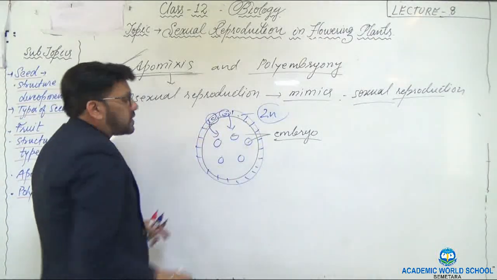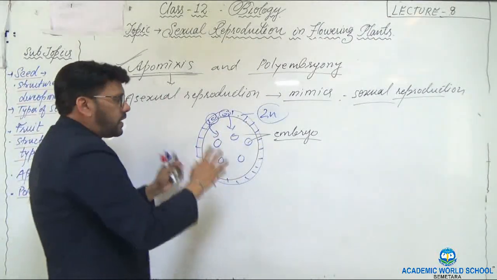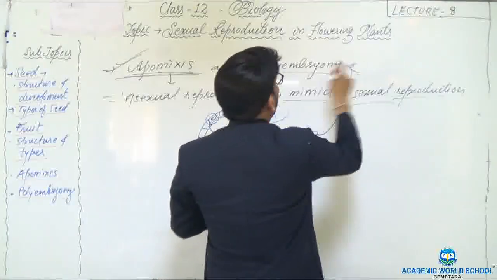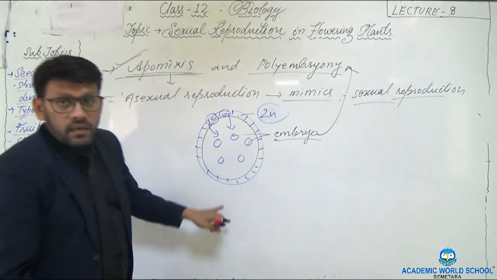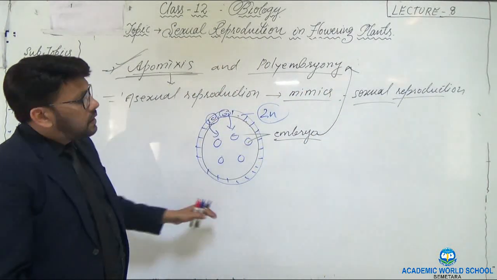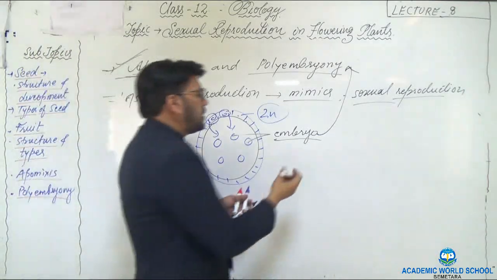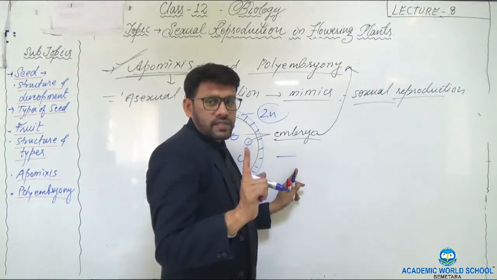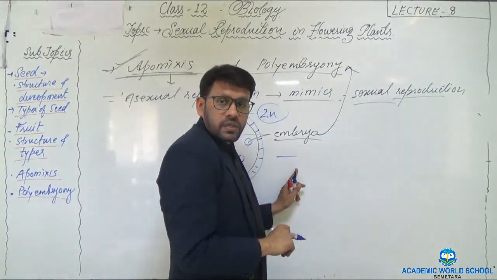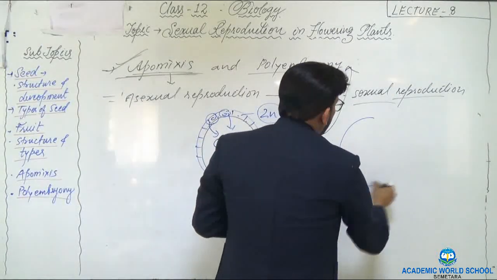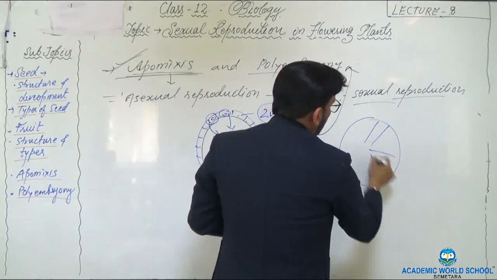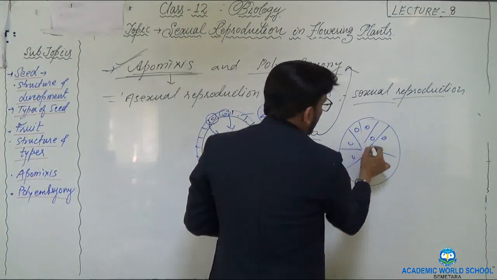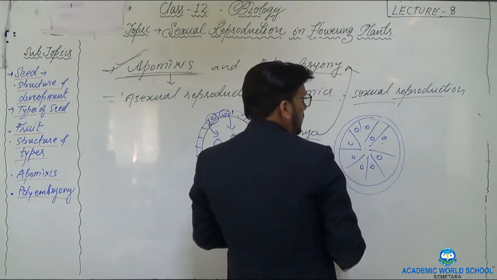This type of seed, or condition where more than one embryo is formed, we call the polyembryonic condition. The best example is seen in guava and in all citrus fruits like lemon and orange. If you see the structure of an orange, it has a number of seeds arranged with the fleshy part.